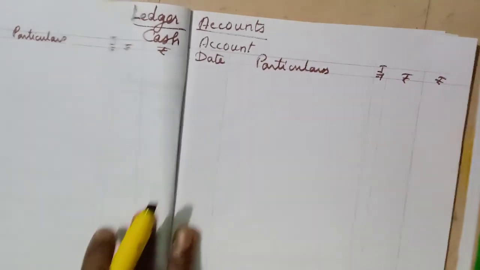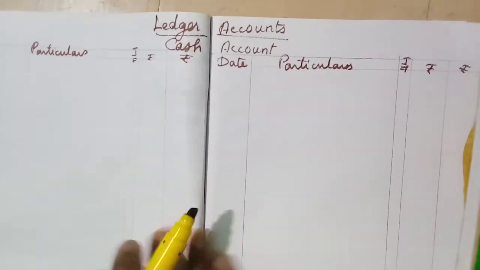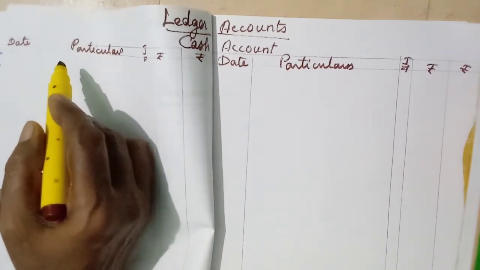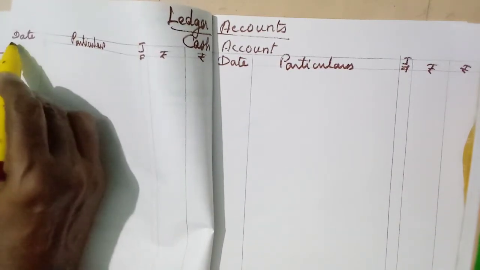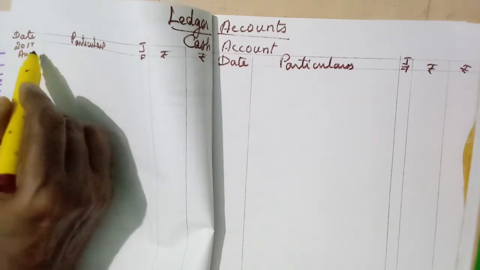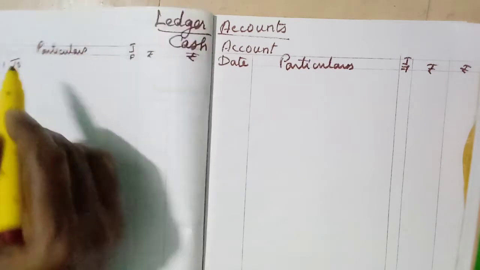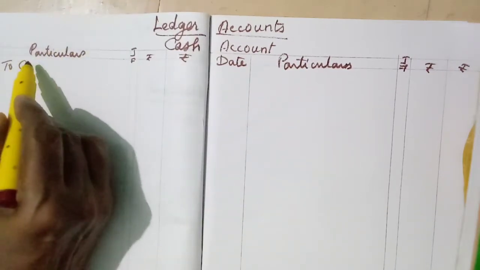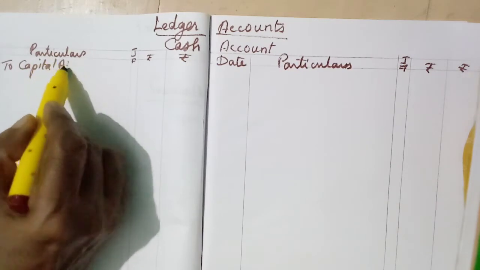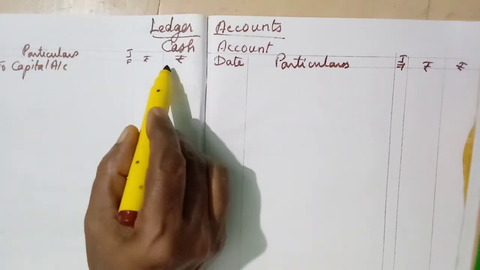First one, cash account debtor to Dharma's capital account. First you write the date. Okay. 2017 August 1 to capital. Simply capital or Dharma's capital. 70,000.